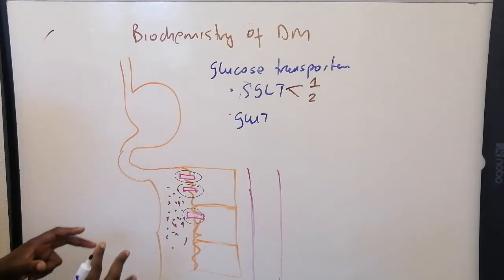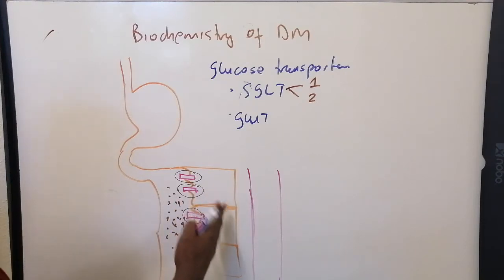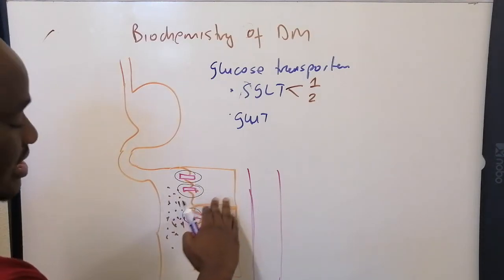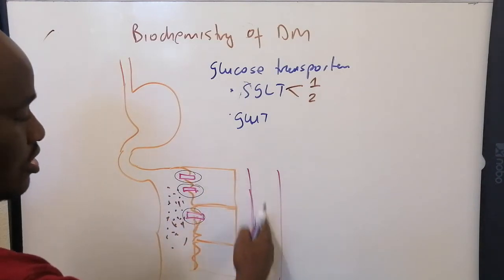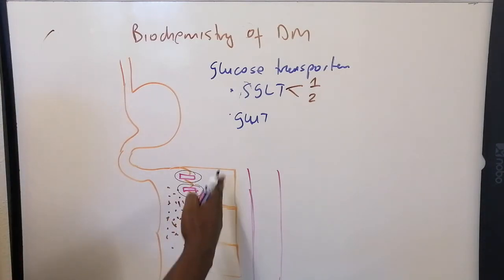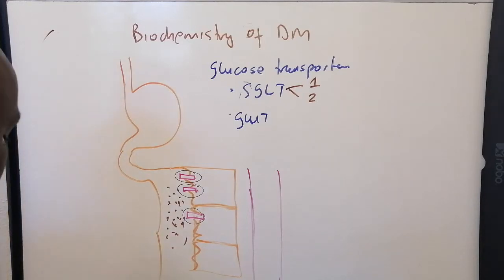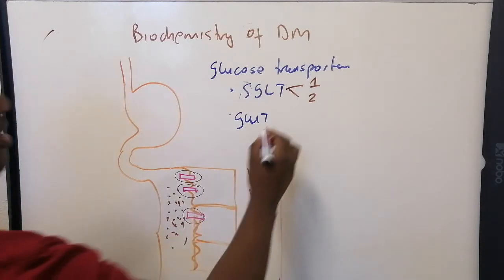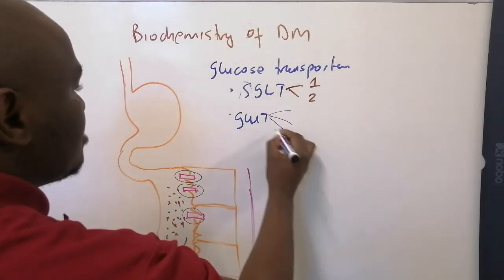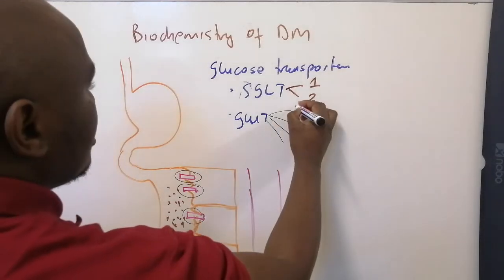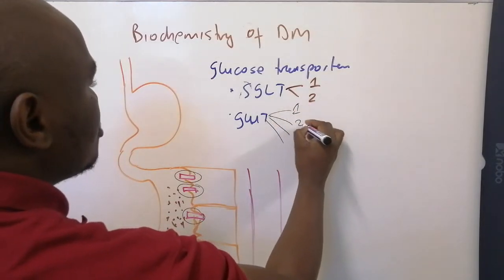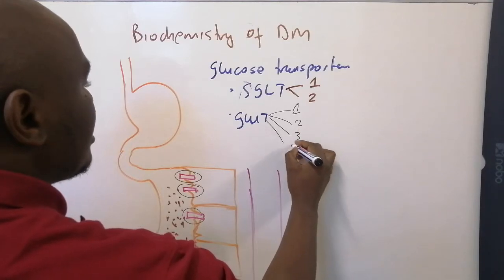So how does glucose move within the enterocytes and exit on the basal membrane? That job is done by the GLUT transporters. There are 3 classes: class 1, class 2, class 3. But here I'm going to specifically talk about GLUT1, GLUT2, GLUT3, and GLUT4.